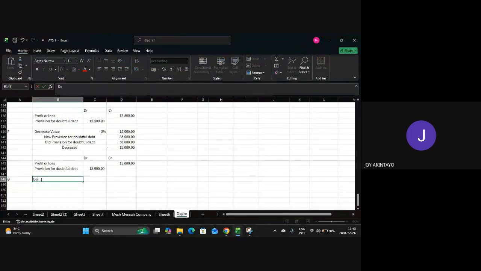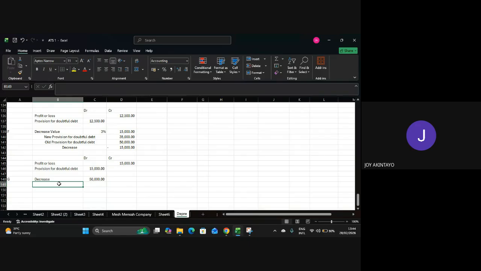We also treat it as a decrease. The whole 50,000 cedis will be treated as an income. So we don't need to do new provision; the new provision will be at zero. Yes or no? The new provision will stand at zero.